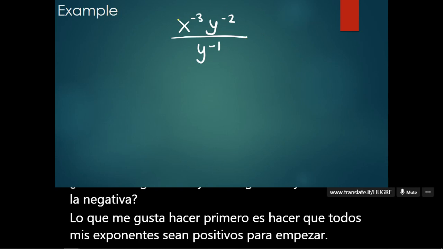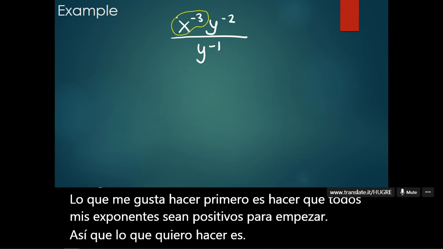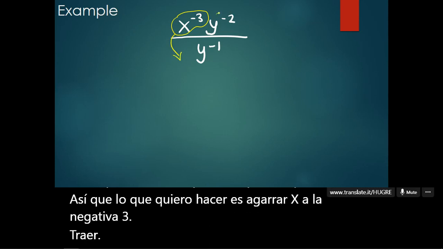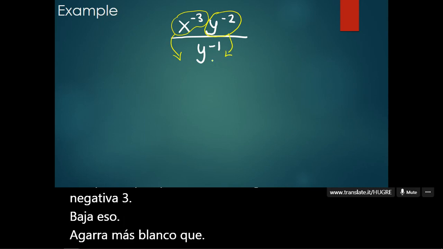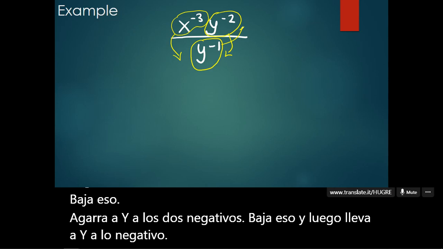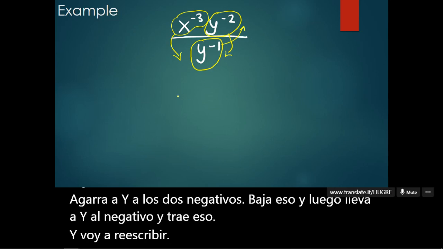So what I want to do is grab x to the negative 3, bring that down, grab y to the negative 2, bring that down, and then take y to the negative 1 and bring that up. And I'm going to rewrite my problem with all positive exponents.